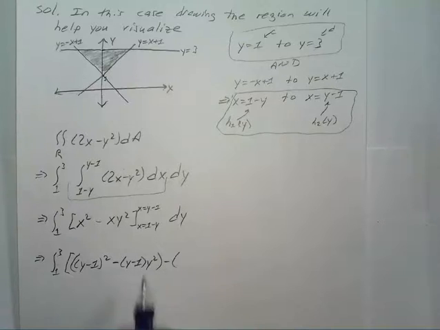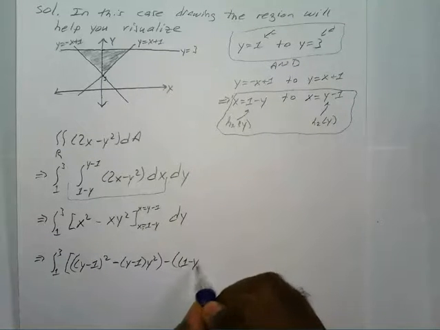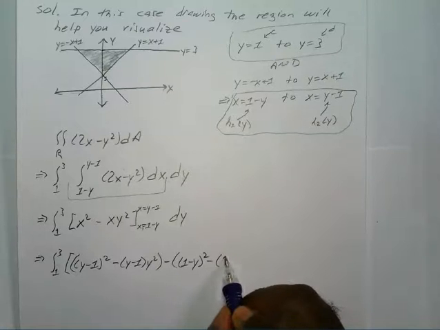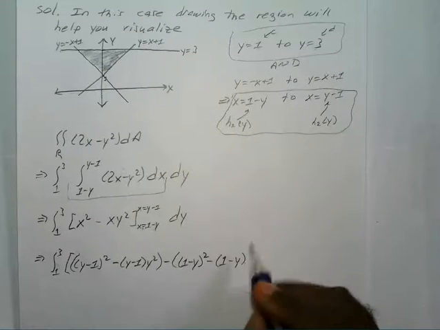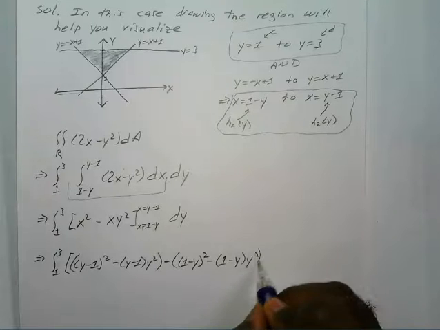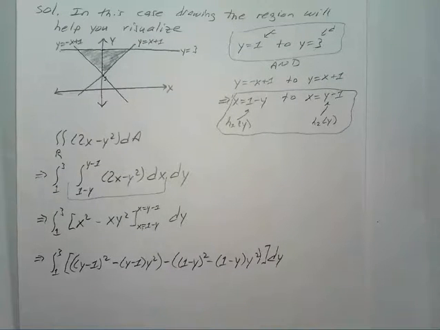Minus, and then we're going to do it for our bottom boundary value, 1 minus y squared minus 1 minus y times y squared. And don't forget your dy at the end.